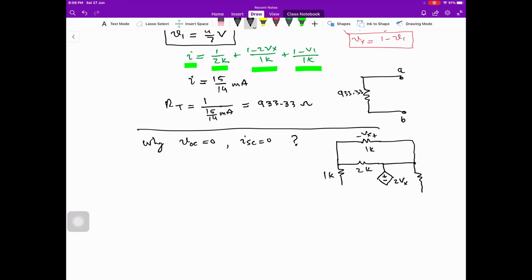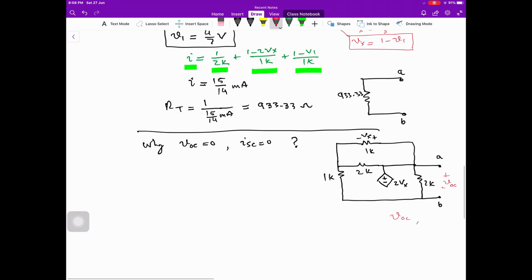If we apply the method which we have been applying in circuits when we have all independent sources, where we used to calculate V open circuit and I short circuit in order to find R Thevenin, which is V open circuit over I short circuit.